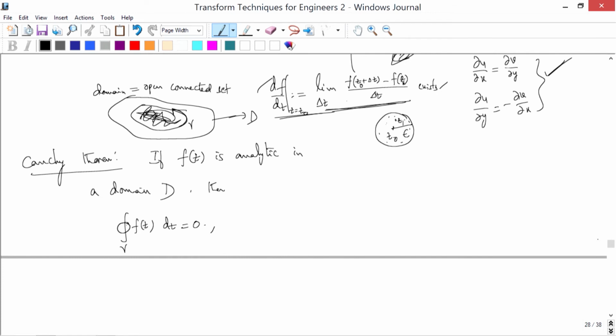So, this is a closed curve, and for every closed curve gamma, the integral of f of z dz is actually 0, for every closed curve gamma inside D.